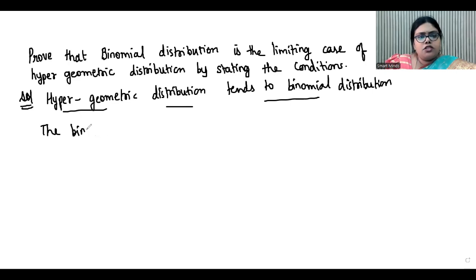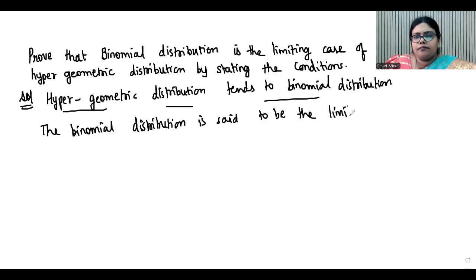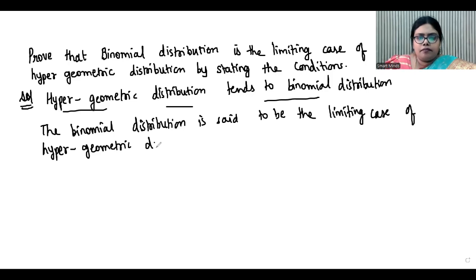So the binomial distribution is said to be the limiting case of hypergeometric distribution under the following conditions.